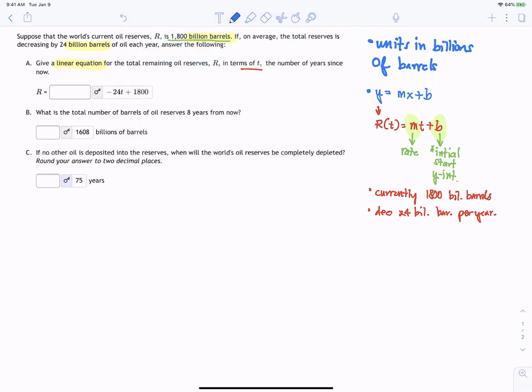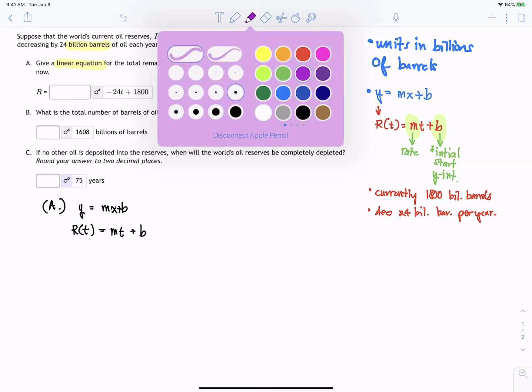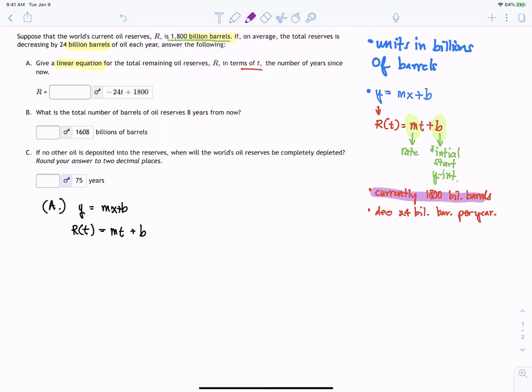So the first thing we need to do for part A is put y equals some sort of form of mx plus b. But we rewrote it over here as R of t equals mt plus b. Okay, and then we know a couple of other things. So let's highlight that currently we have 1,800 billion barrels.